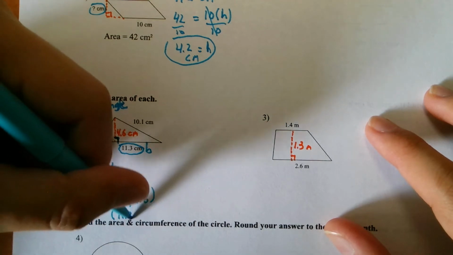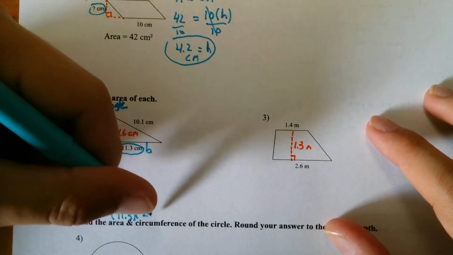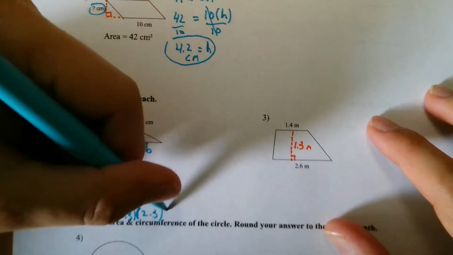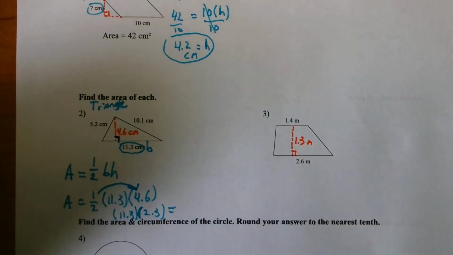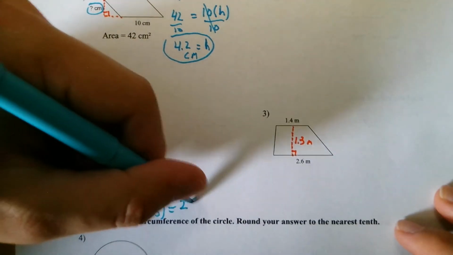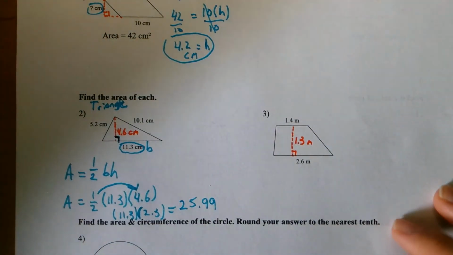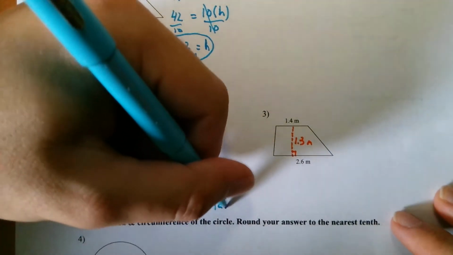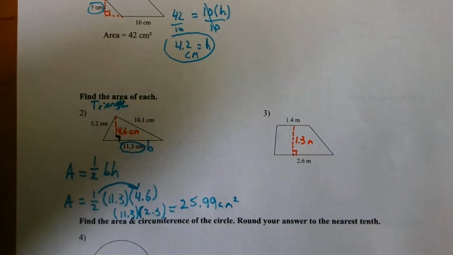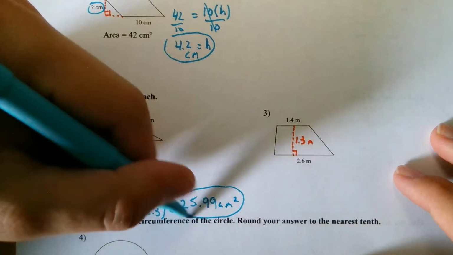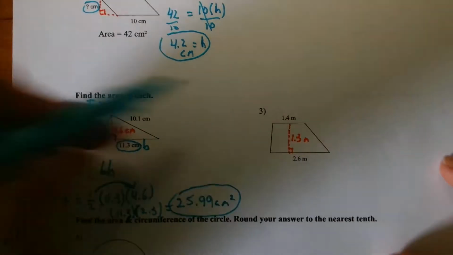So the area will become 11.3 times 2.3. And then I just multiply that together, and if you type that in your calculator, you should get exactly 25.99. And this is area, so our units must be in centimeters squared.